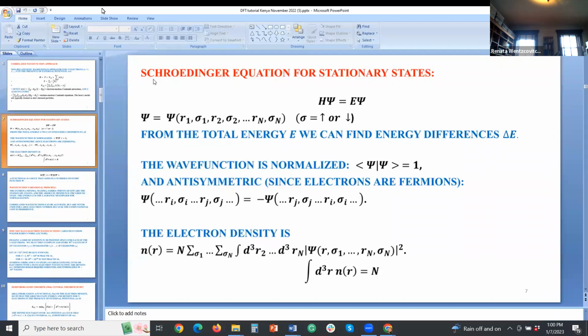And I think you can see that if you now integrate this electron density over 3-dimensional space, you will just get the number of electrons n. And that's because the wave function itself must be normalized.